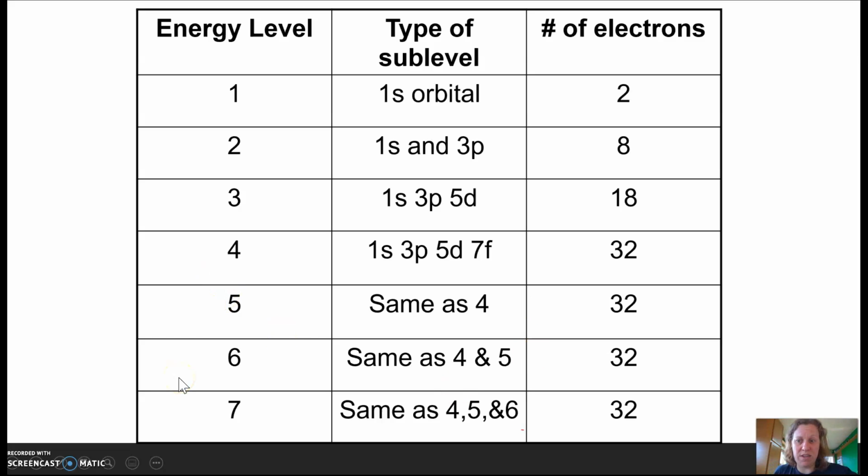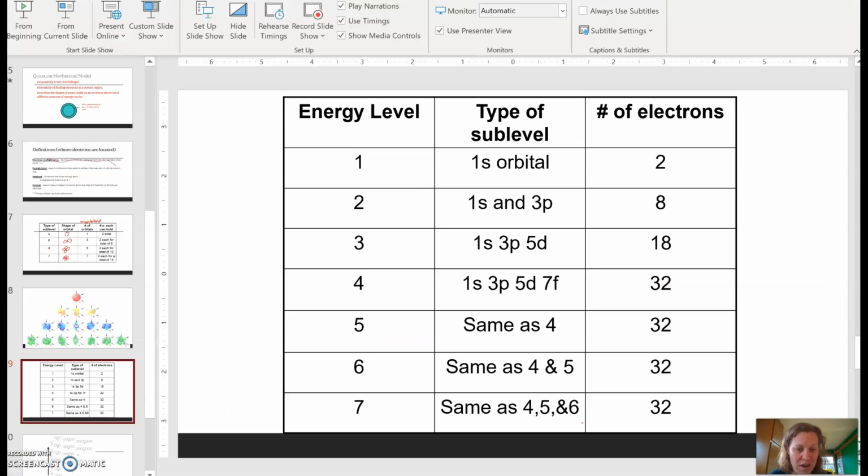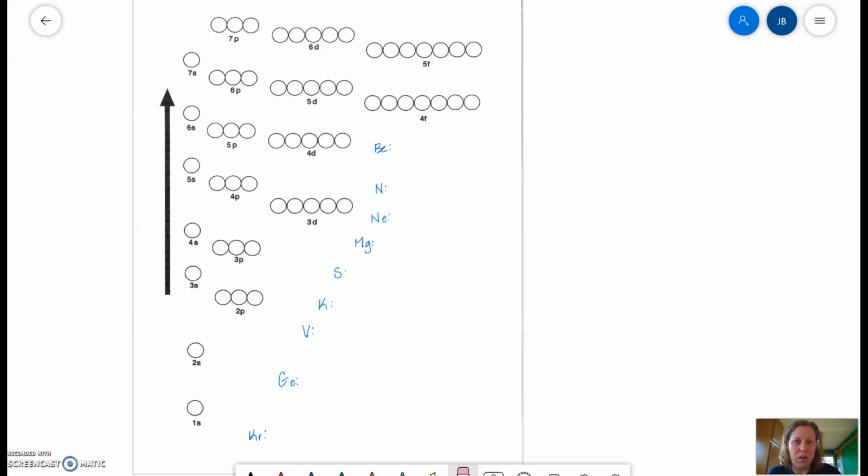Now all of this is described on the whiteboard that I have. This is a chart that shows the order that the electrons fill. It lines up the orbitals horizontally and vertically.